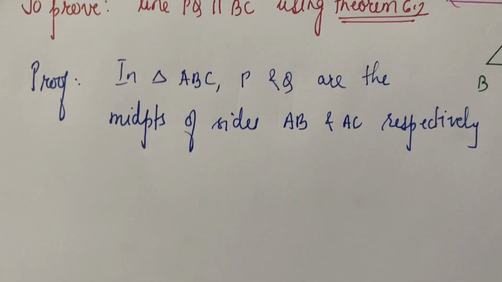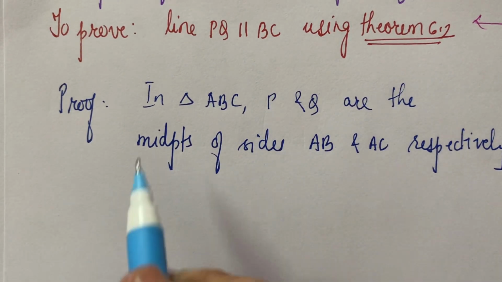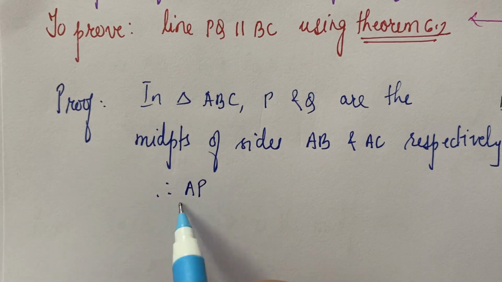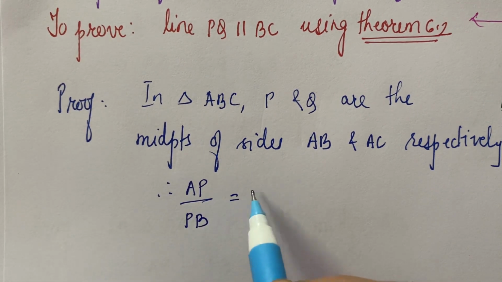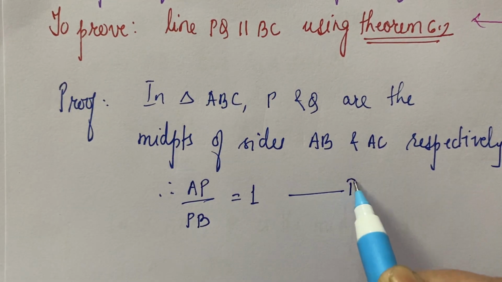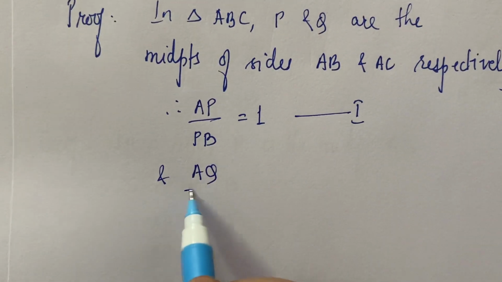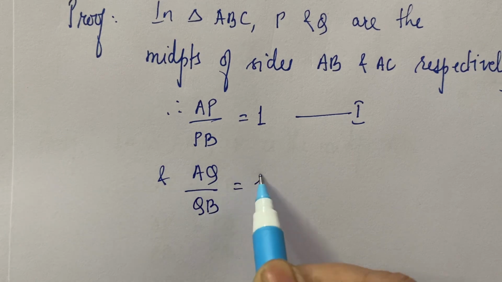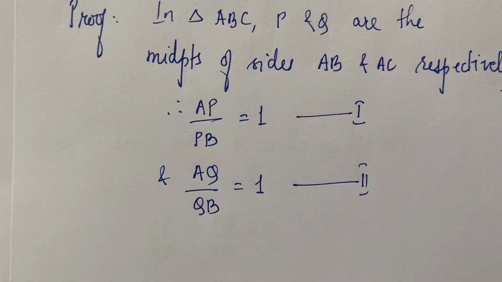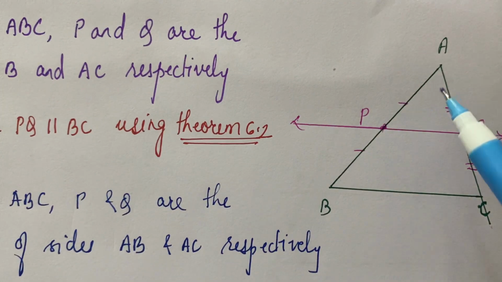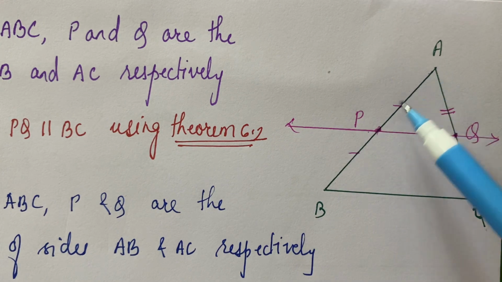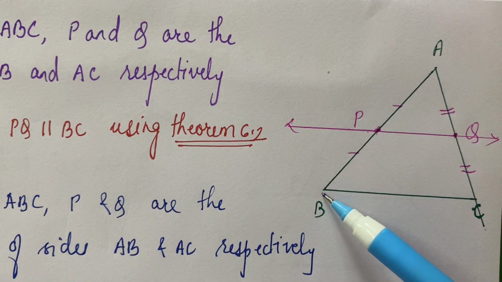So let us apply this now. I will write directly. Therefore, AP upon PB is equal to 1 and AQ upon QC, that will also be equal to 1. Why? Because P and Q are the midpoints. P is the midpoint, then this ratio AP is to PB will be equal to 1.